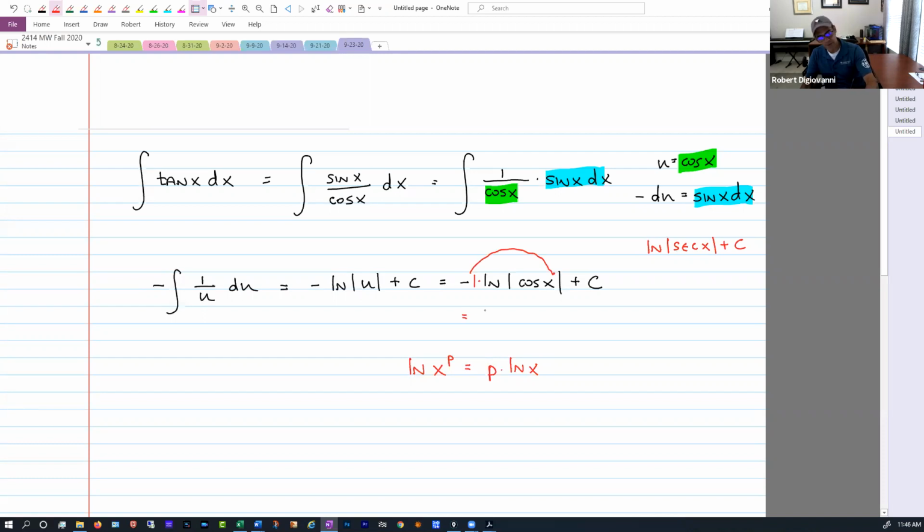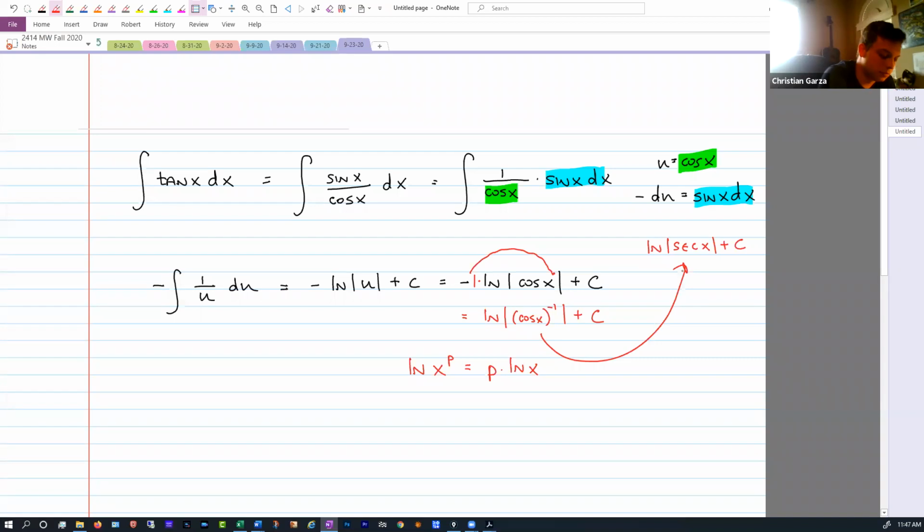So we can rewrite this as natural log absolute value of cosine x to the -1. But then what does cosine x to the -1 really mean? Secant. Yeah. So it's the same answer. So on a test, if you had written negative natural log of cosine x, I would be happy with that. That's no problem.